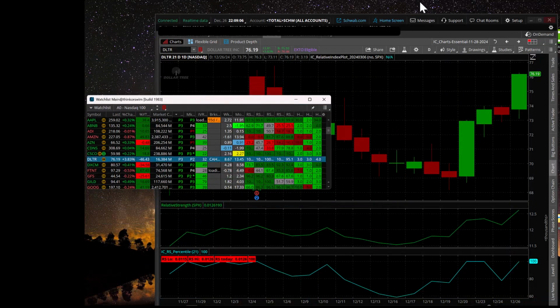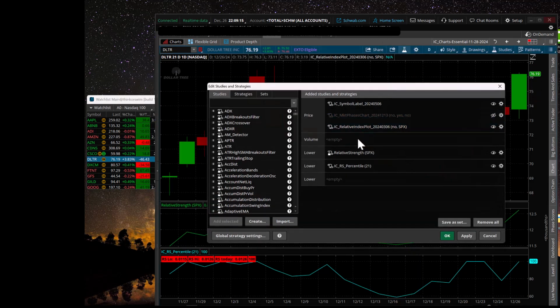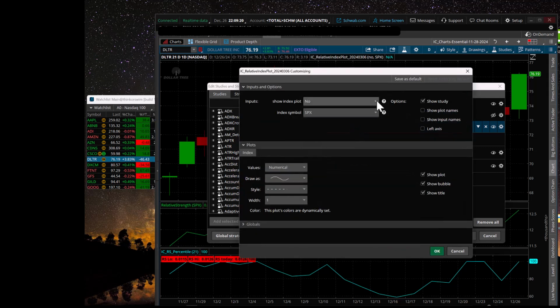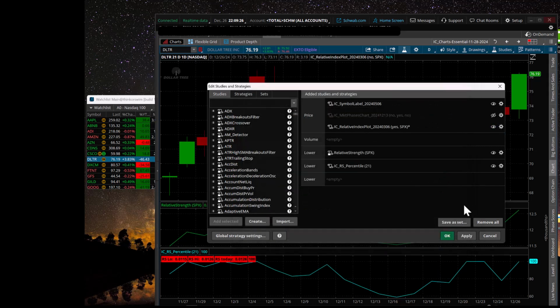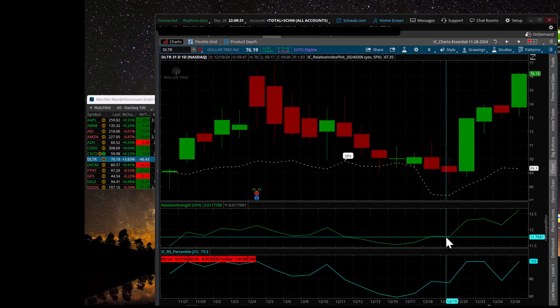If you wanted to see how the stock was performing against the S&P 500 for a longer period of time, there's another study that I've got. It's called Relative Strength Plot, and all you have to do is turn it on, and it shows how the S&P 500 performed against that stock for the given period of time.